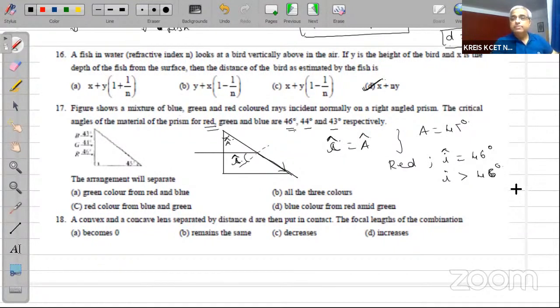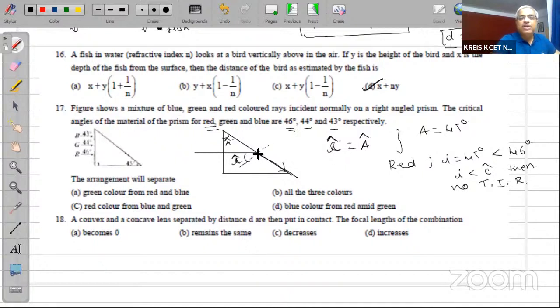Okay, I'm so sorry, I made actually a stupid mistake here. I is 45 degree, correct? That 45 degree is essentially lesser than the critical angle of 46 degree. So if I is less than C, then there is no total internal reflection. And therefore, the red light will simply pass off here like this.